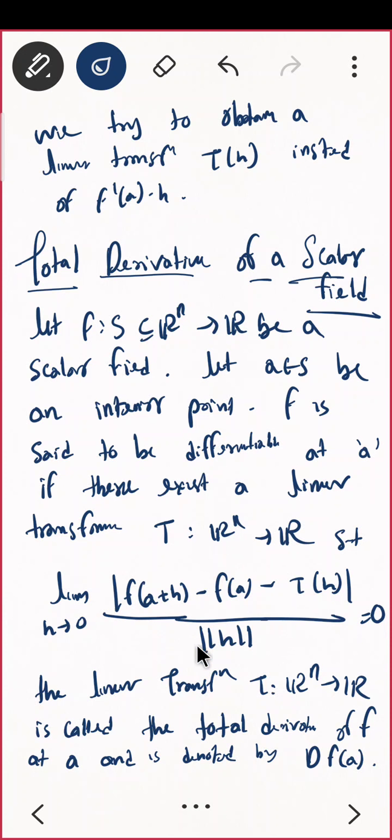Let us consider this as E(e,h). Take E(e,h) equal to f(e+h) − f(e) − T(h) upon norm h.